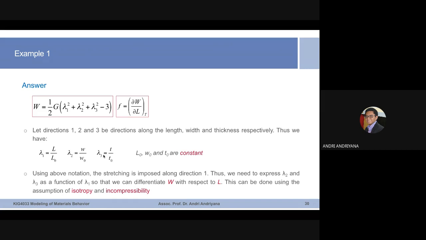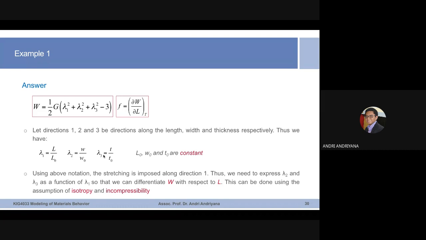For instance, I deform it by lambda equal to 2, which means that I stretch it 2 times its original length. Because the length increases, I will have contraction along the width, and I will also have contraction along the thickness.